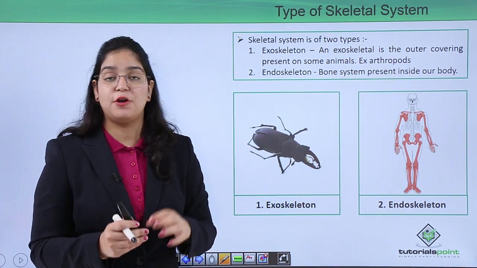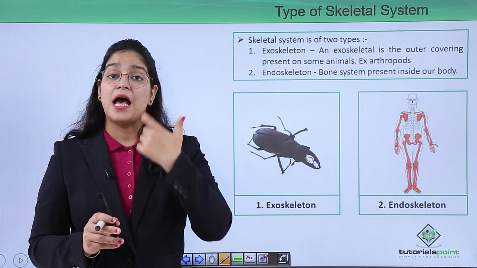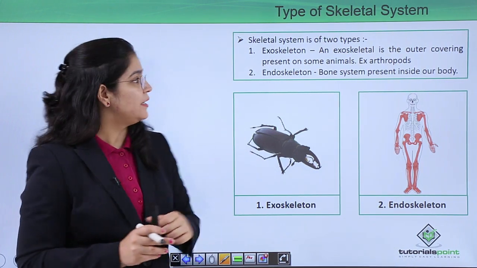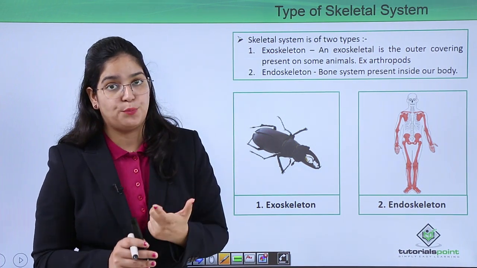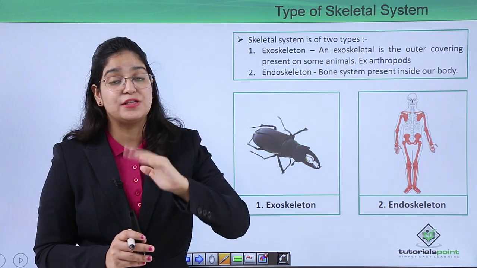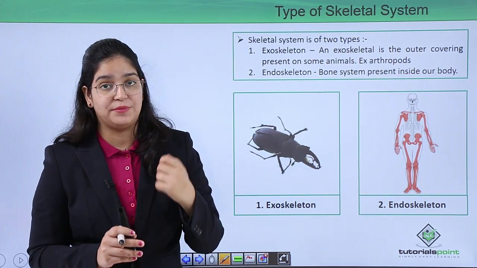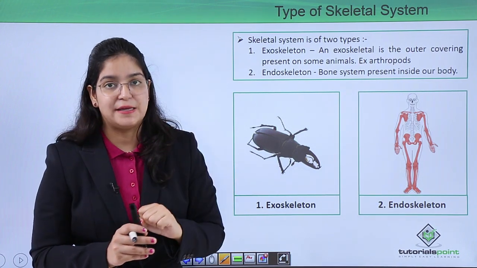A best example of endoskeleton is the skeleton system present inside the higher animal groups. Now, this exoskeleton is present mainly in arthropods and insects, which have a strong outer covering so that they can protect themselves from their predators, so that their predators cannot eat them simply.